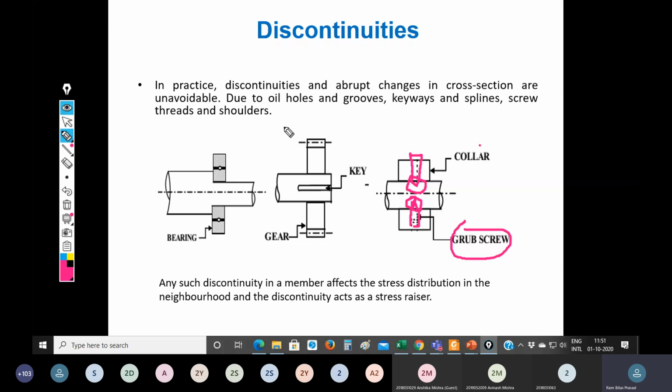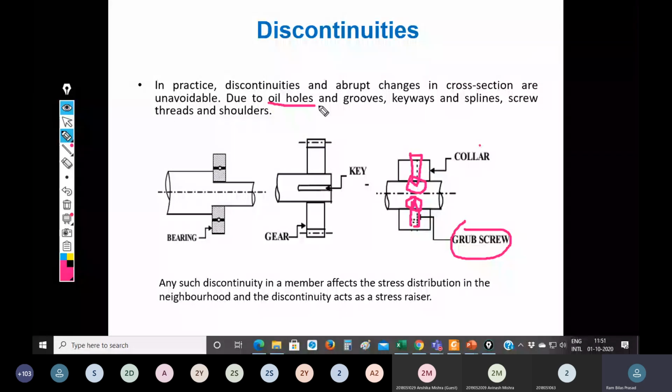So in practice, discontinuities or abrupt changes in the cross-sectional area are unavoidable, right? Due to oil holes, grooves, keyways, splines, screw threads, shoulders.